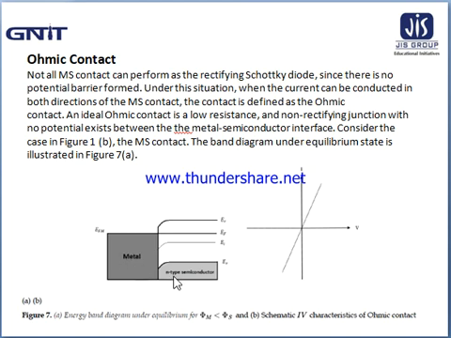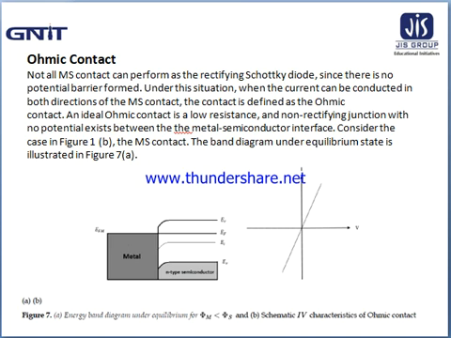Here this is metal, this is N type semiconductor, that is EFM, the Fermi level of the metal, and here this is EF, the Fermi level of the N type semiconductor. As there is no barrier for electron flow from semiconductor to metal, even a very small forward bias voltage, that is VA greater than 0, will give rise to a large forward bias current.